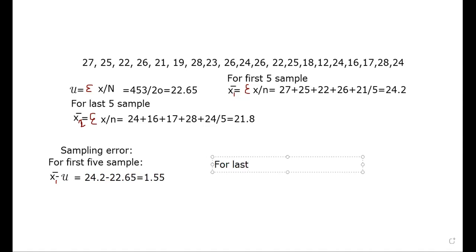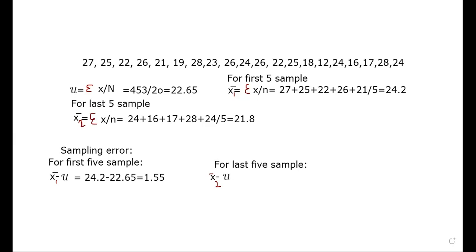For the last 5 samples, we are computing the sampling error, so we should also have x bar 2, because this is x bar 2 we have here.